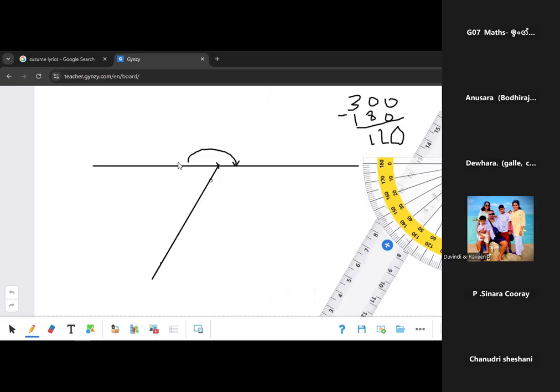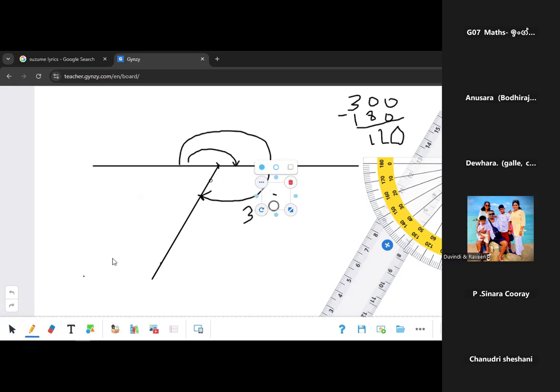So you can say this total angle is 300 degrees. You have to mark it, and show this is my 300 degrees reflex angle.